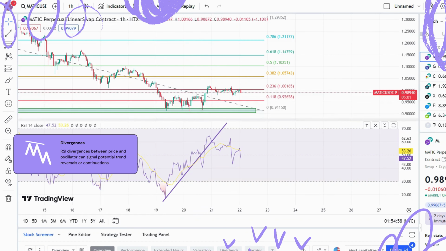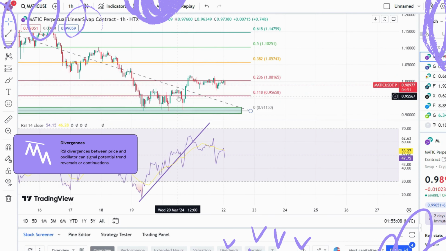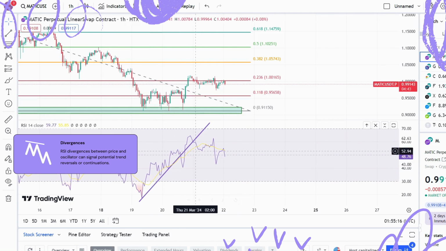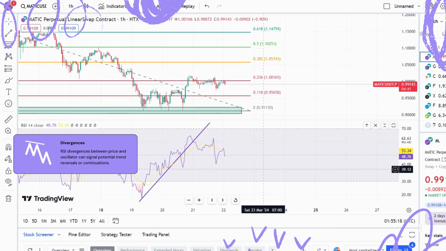So you can see here, I had one exit signal on my trade and it actually came back down to touch support. And then I had another exit signal, which actually is looking like it was a good exit. In this trade, I longed the 118 to the 236, and it does look like that was a really good exit. And this played out beautifully in this trade.